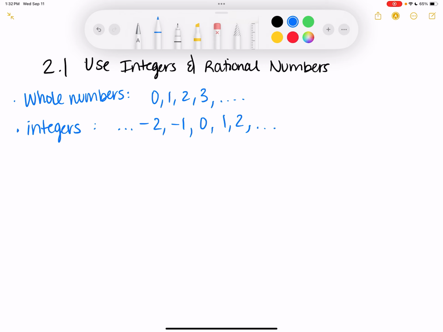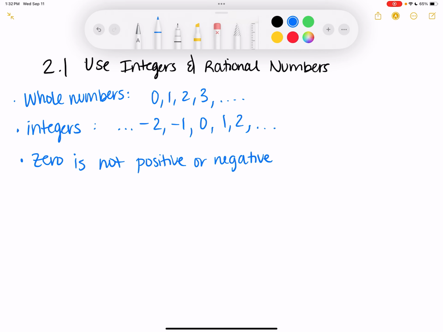Obviously, positive numbers are like 1, 2, 3, so on and so forth. Negative, -1, -2, -3, so on and so forth. 0 is not positive or negative. A lot of times people try to classify 0 as one or the other, and it's not either of them.